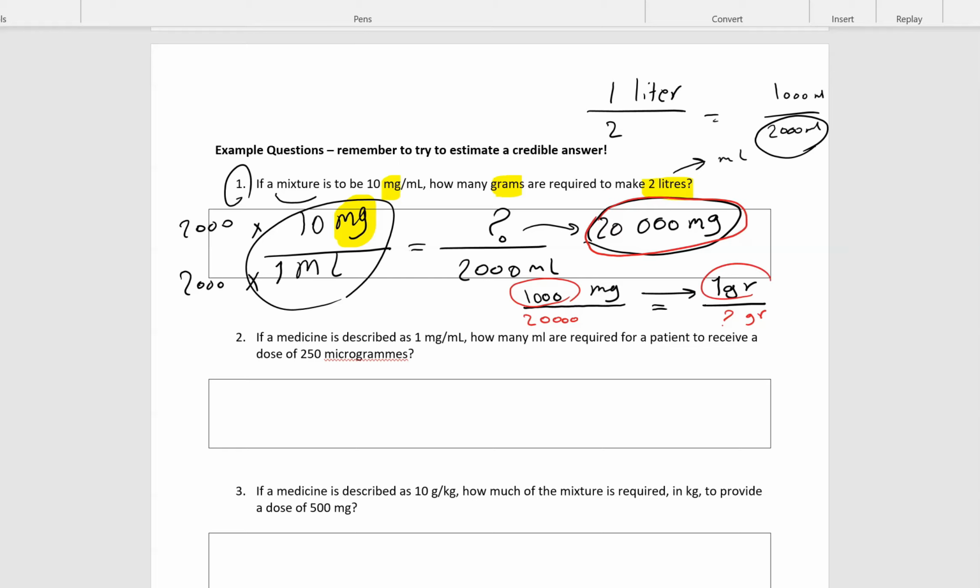So you will divide the numerator by 1000, and you will get 20 grams. So how many grams? 20 grams.